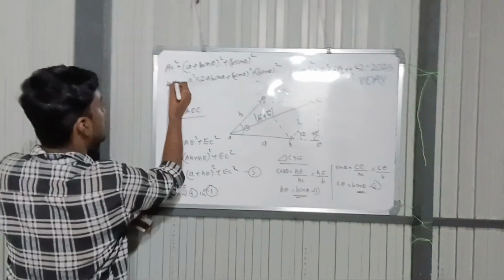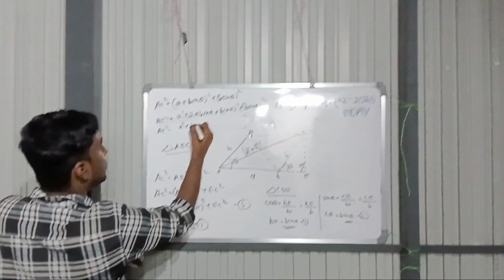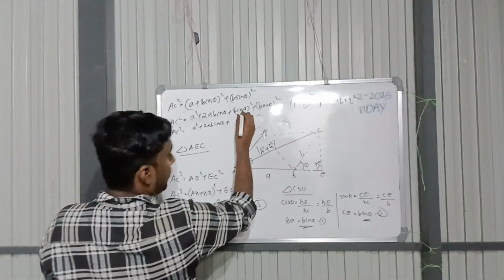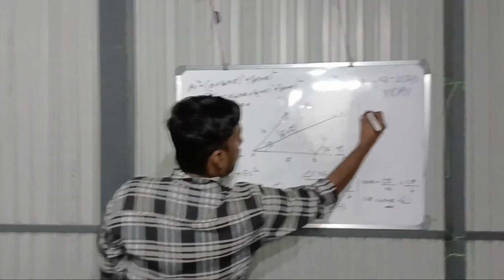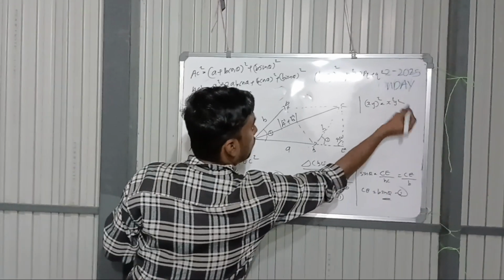So what is AC square? AC square is equal to A square plus 2AB cos theta plus B cos theta whole square. In mathematics we already know what is XY whole square, that is X square Y square.